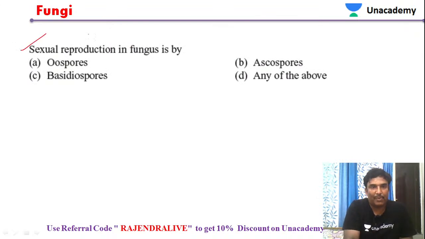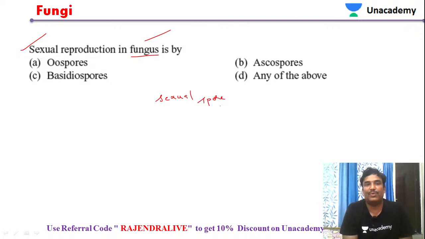Sexual reproduction in fungi is by which process? Sexual reproduction in fungi takes place by sexual spores. If you see the given options here, oospore is no doubt a sexual spore.